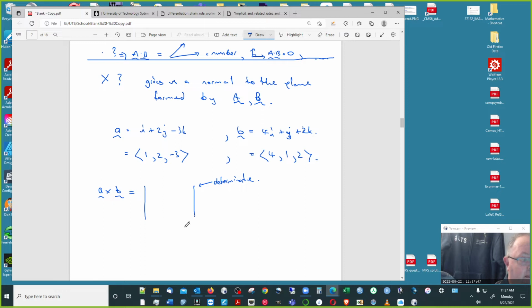The order is important because A goes in the middle row and B goes on the bottom row, and up the top go i, j, and k.